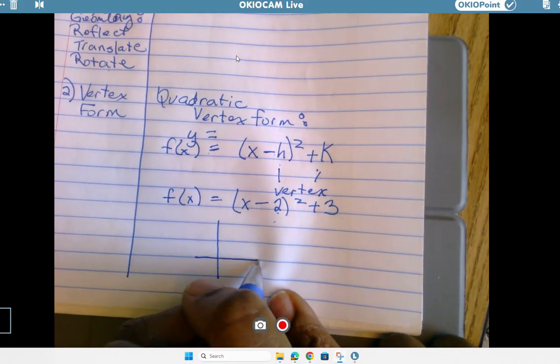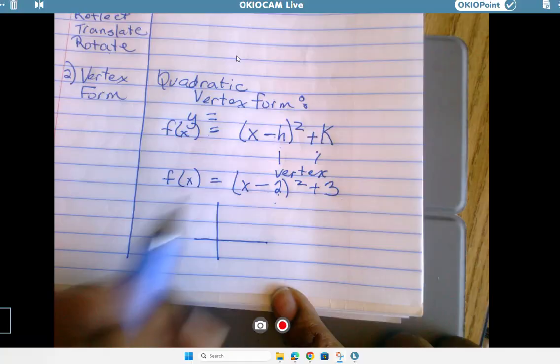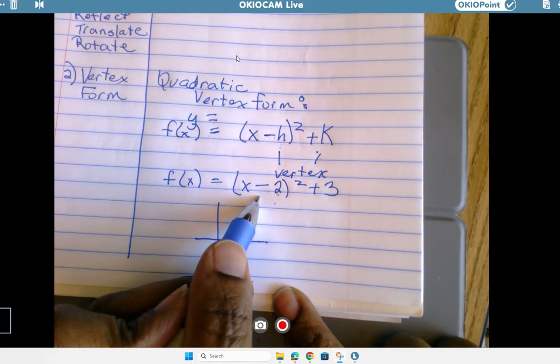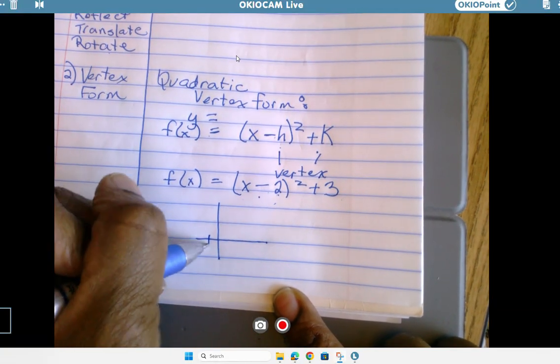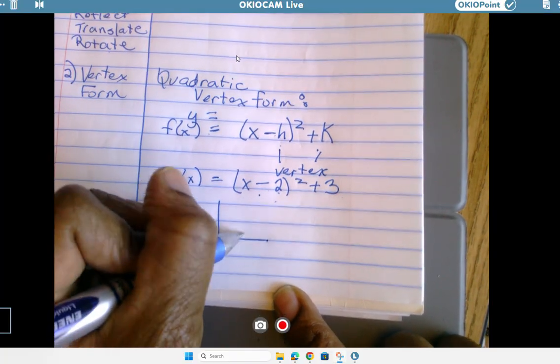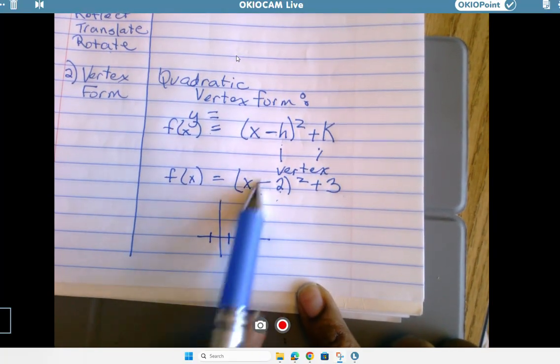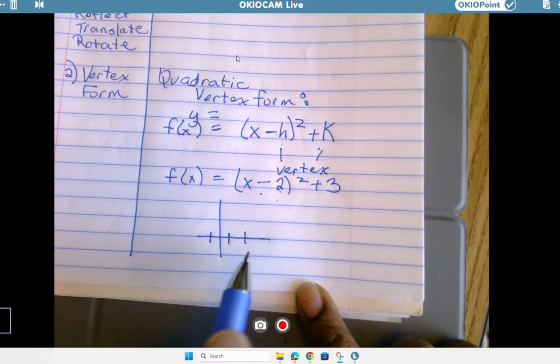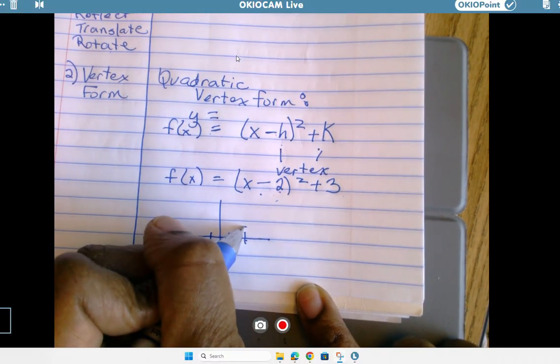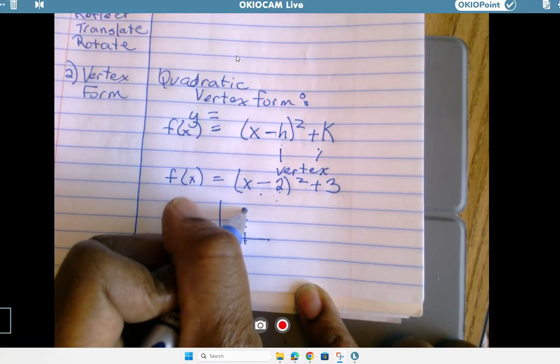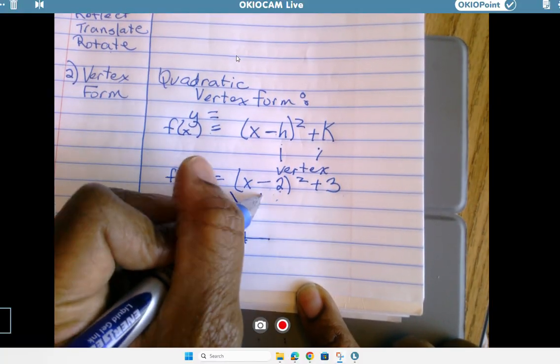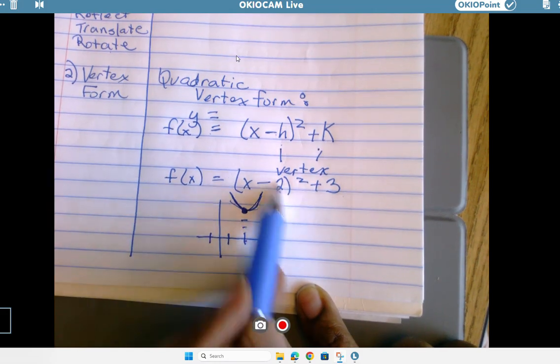So if we draw this graph, the vertex is going to move not in the negative direction like you would think, but in the positive direction and up 3. This is where the vertex would be for this quadratic.